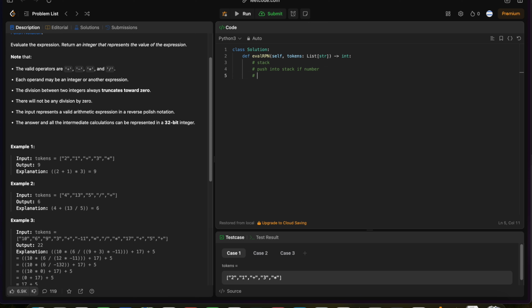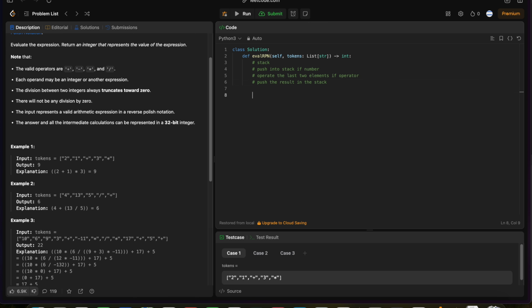And if operator, operate on the last two elements and push the result in the stack. Okay, this is the basic algorithm that we can write for this program.